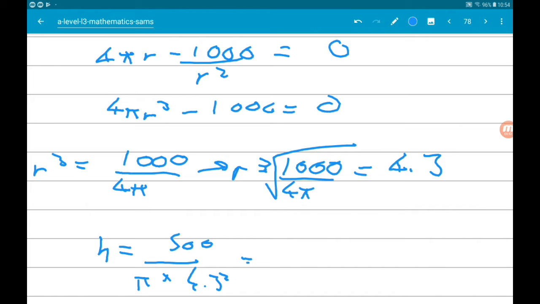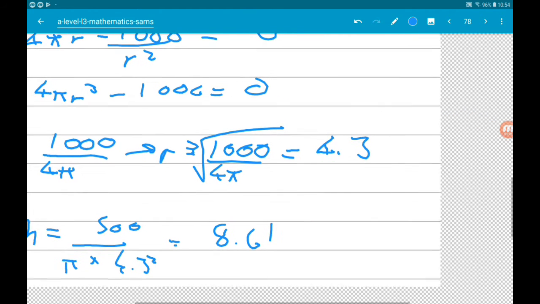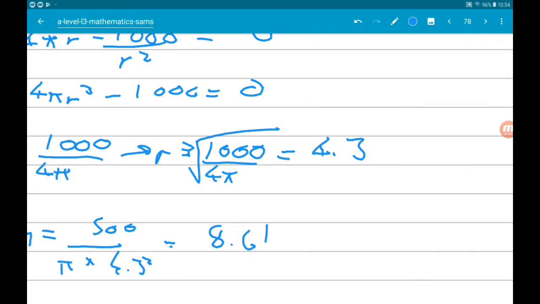It's going to give us a number. So that gives us, again we'd probably be right going to 1 decimal place, but to 2 decimal places, this is 8.61. And of course, both measurements are in centimetres.